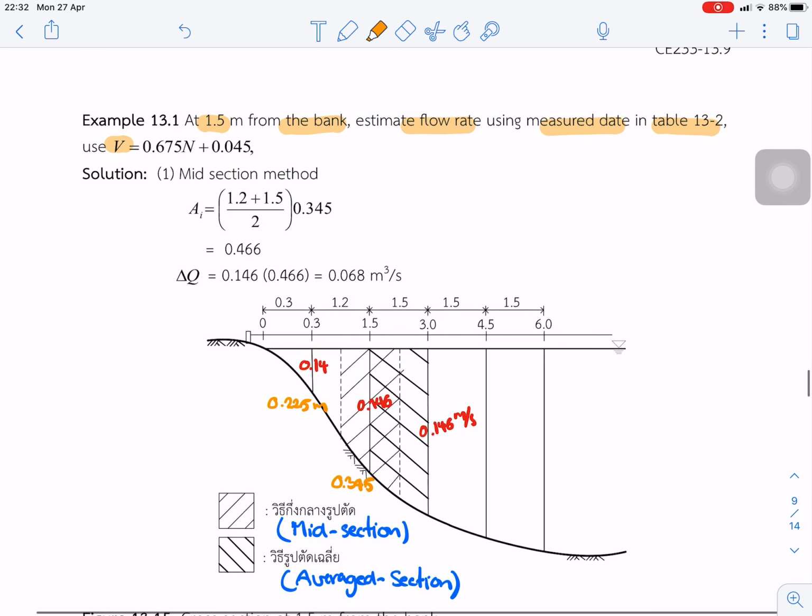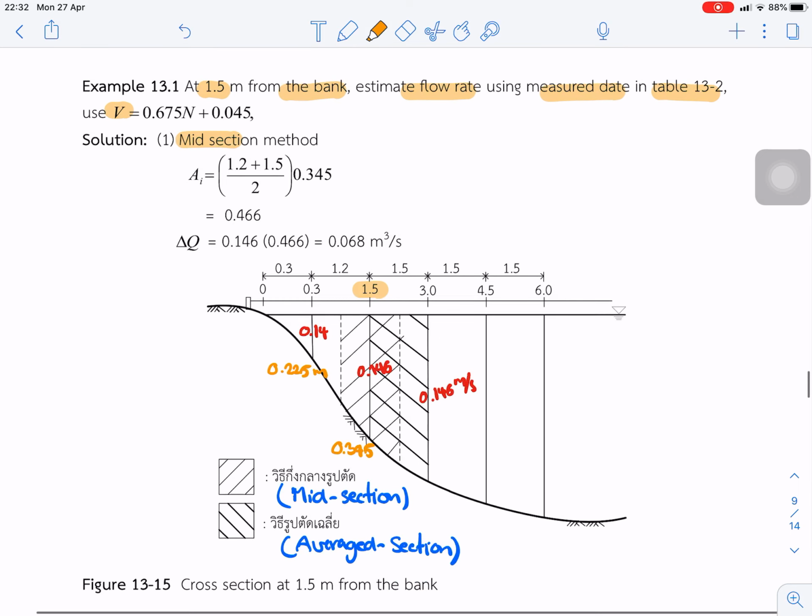First, we use the mid-section method. We focus on this section at 1.5. Next we take the average of the width from the left and the right, 1.2 and 1.5, and multiply by the depth 0.345, which gives about 0.466.